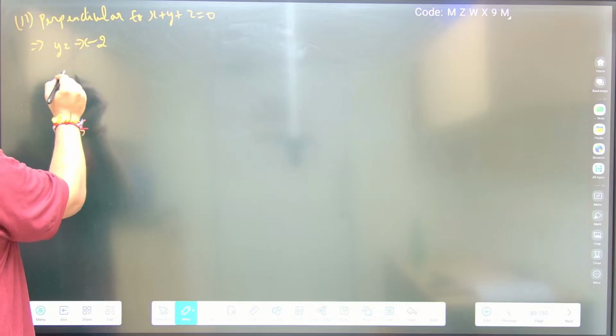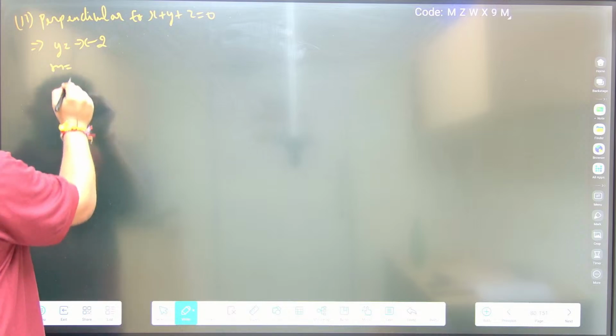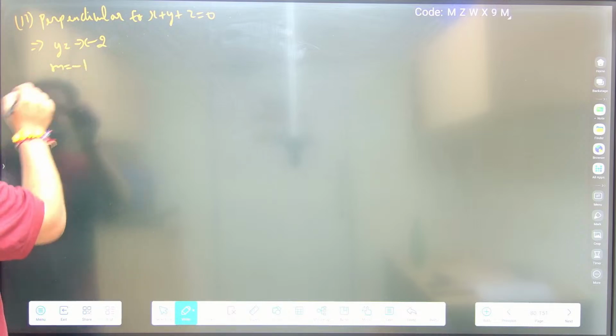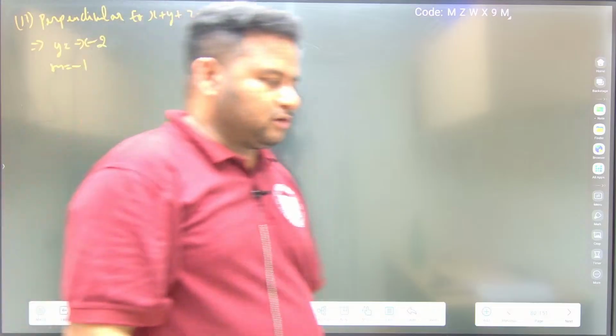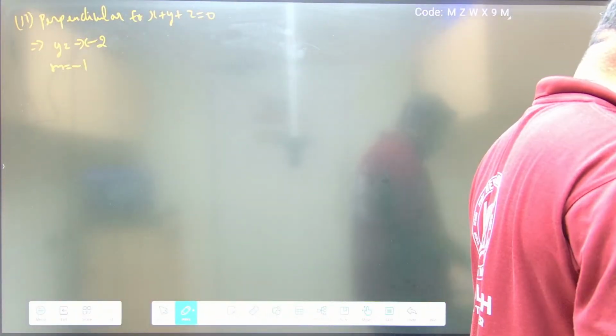Here, if I compare to y is equal to mx plus c, the slope is m is equal to minus 1. So here slope m1 is equal to minus 1.